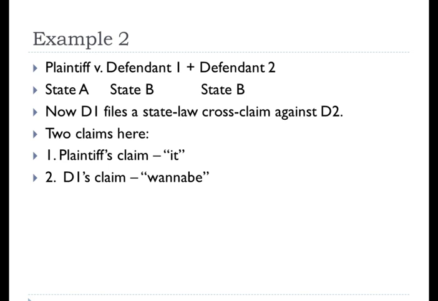So clearly, because defendants 1 and 2 are from the same state, there is no diversity for that cross-claim. So if defendant 1 were just to have sued defendant 2 on a state law claim on her own, this would not have gotten into federal court. So plaintiff's claim is the it claim. There's original federal subject matter jurisdiction over the plaintiff's claim. Defendant 1's claim against defendant 2 is the wannabe claim, could not be brought in federal court on its own.